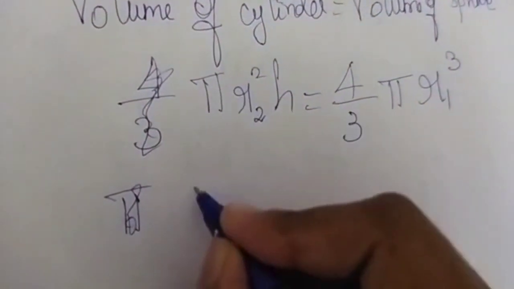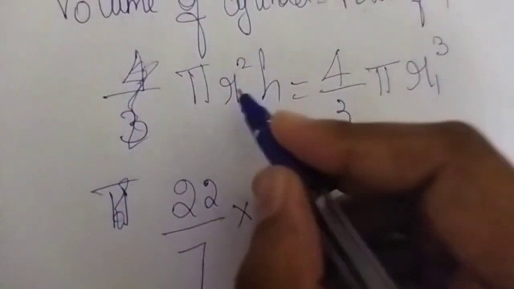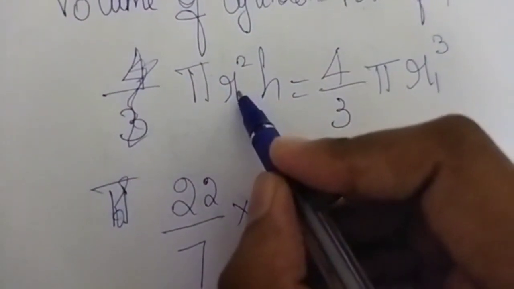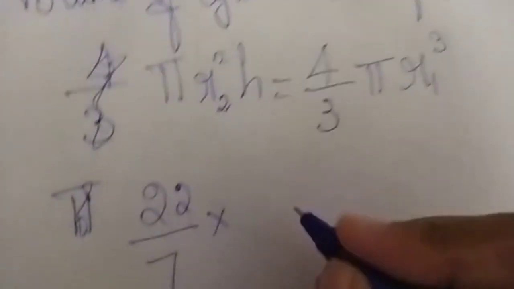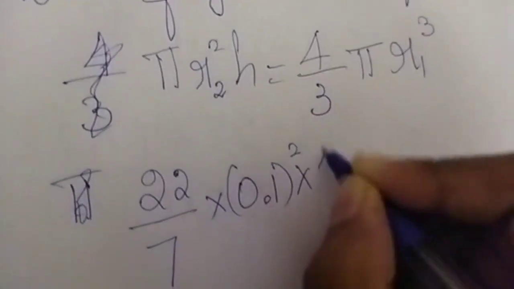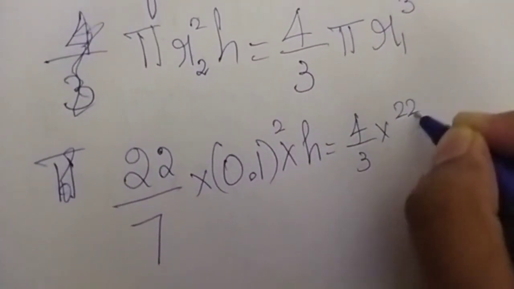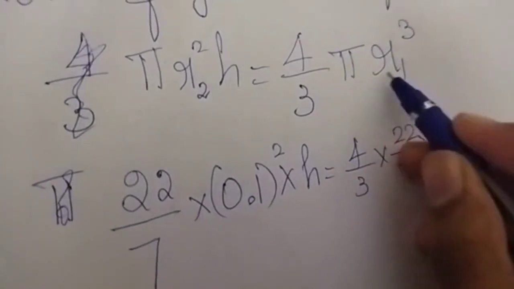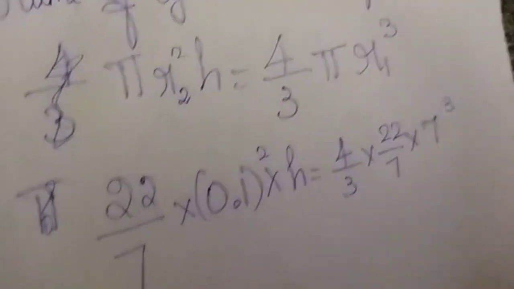So we get pi, 22 by 7, into R2 square, R2 is 0.1 square, into H is equal to 4 by 3 into 22 by 7 into R1, that is 7 cube.